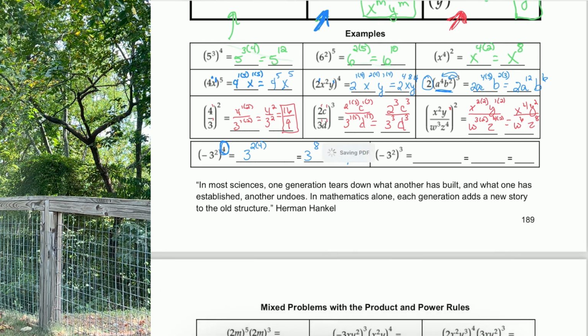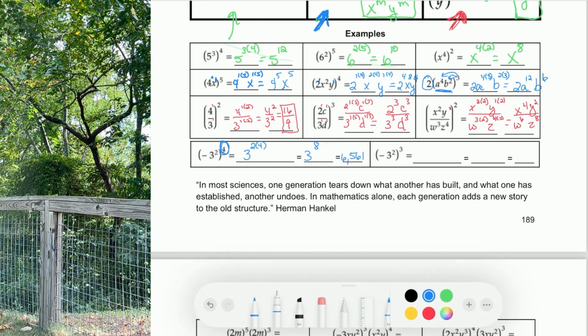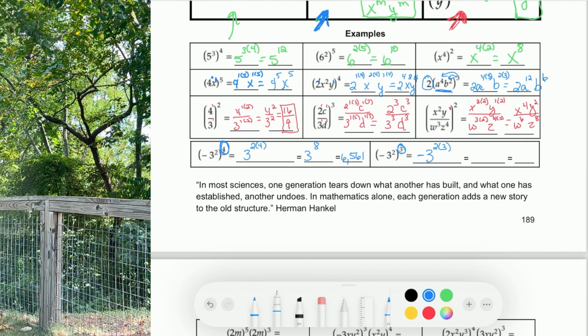All right, our next one is a -3 to the power of 2 in the parentheses, but we have a 3 outside. The 3 is an odd number. So that tells me I'm going to keep that negative with my 3. It becomes 2 times 3 up here.